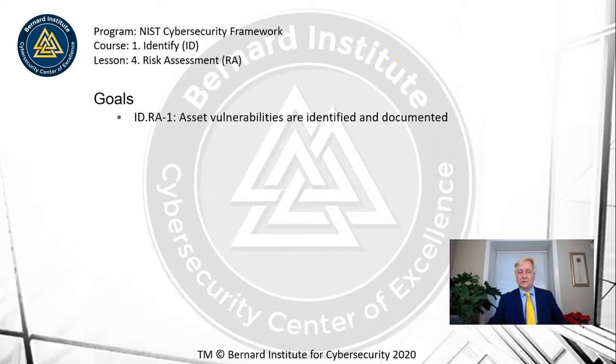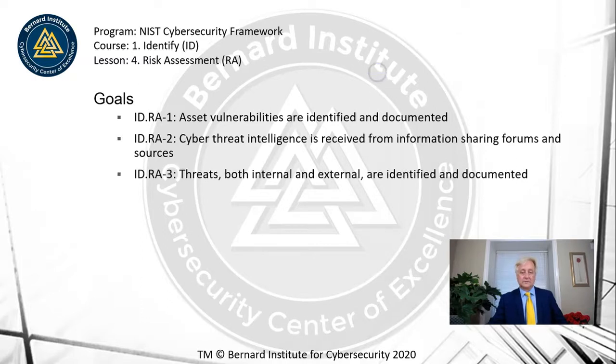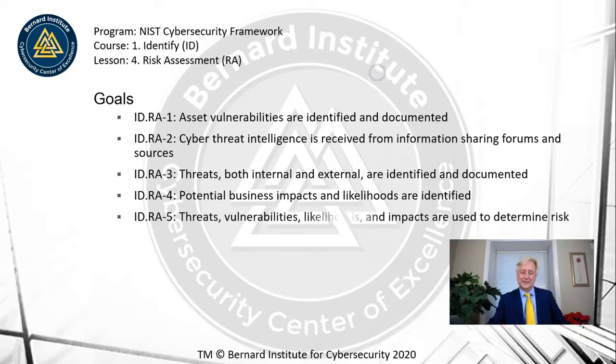The goals within the risk assessment process are: 1, asset vulnerabilities are identified and documented. 2, cyber threat intelligence is received from information sharing forums and sources. 3, threats, both internal and external, are identified and documented. 4, potential business impacts and likelihoods are identified.